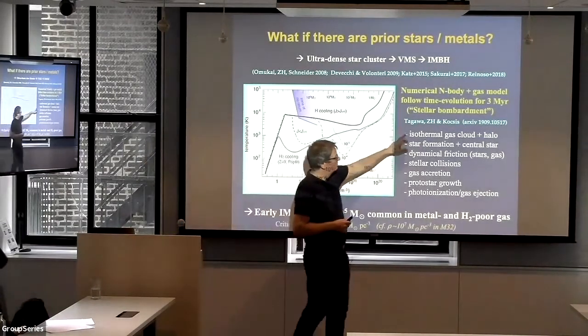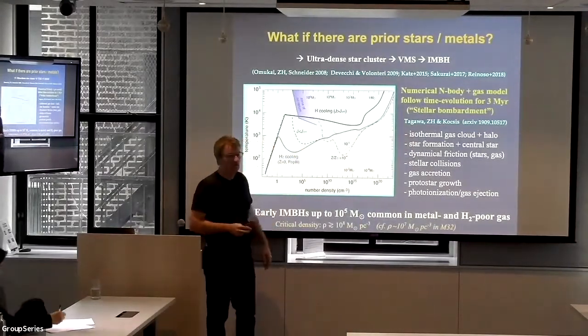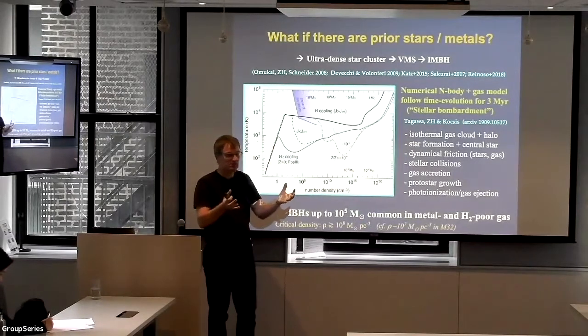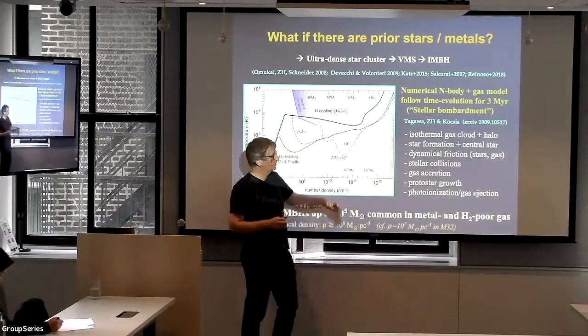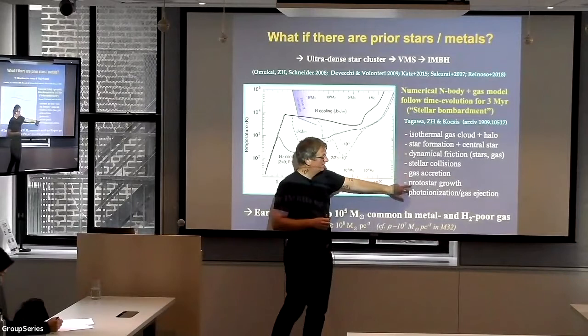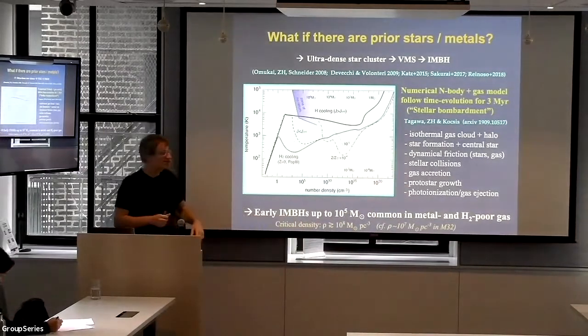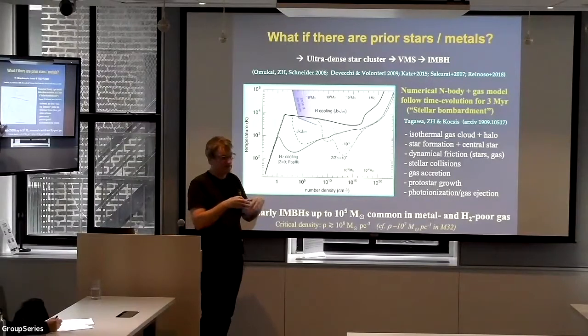In this paper, we worked out the details of this kind of scenario. You have this isothermal cloud, and inside it, you have star formation at extremely high densities. The stars move in this cloud due to dynamical friction, and the key point is that the stars can collide. The outcome of such a model is that, because this happens at so high a density, the stars shrink towards the center and collide, and instead of gas accretion, it's the collisions between these stars that keep the central protostar puffed up.